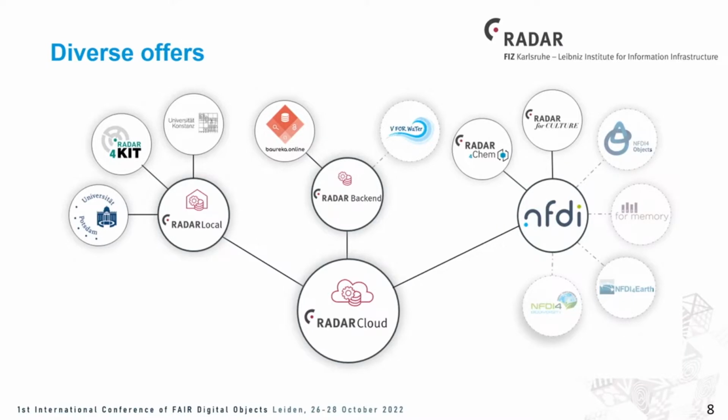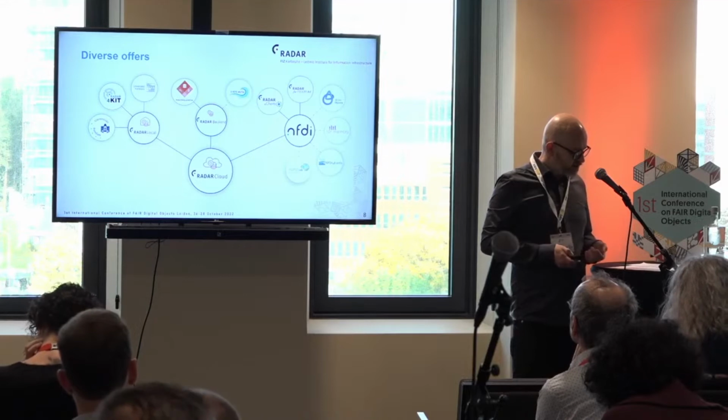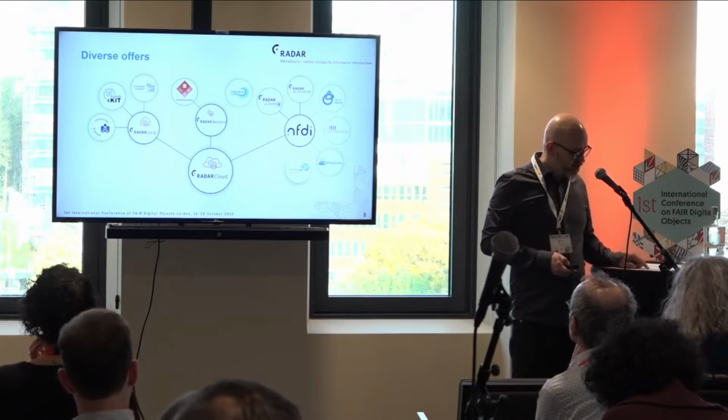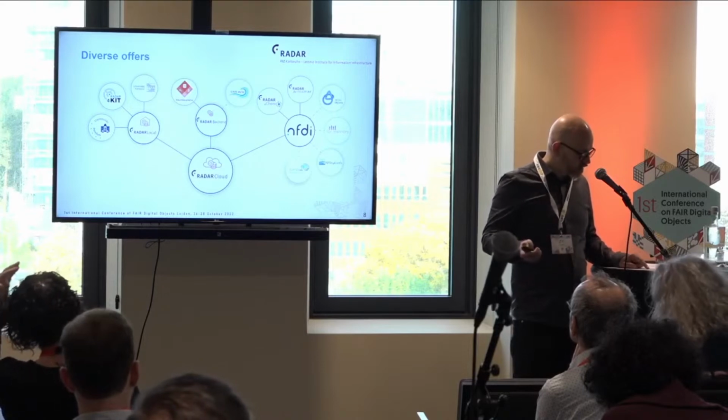Additionally, we created Radar for Culture for NFDI for Culture, which is dealing with cultural sciences data. And many other consortia are also interested, and these NFDI offerings are rather new, so let's have a closer look at Radar for Chem, just as an example.